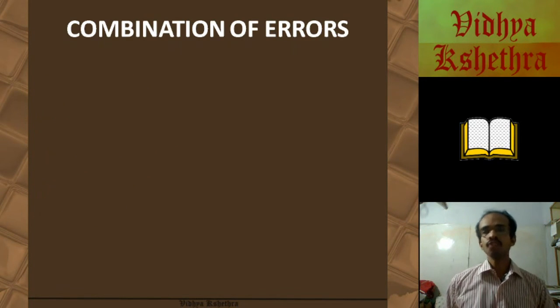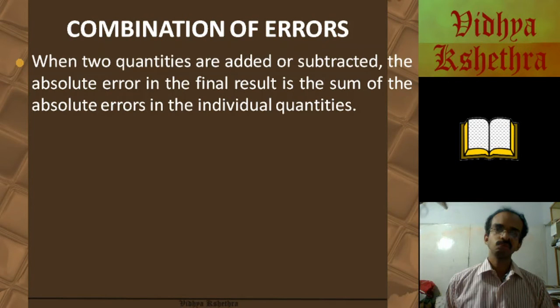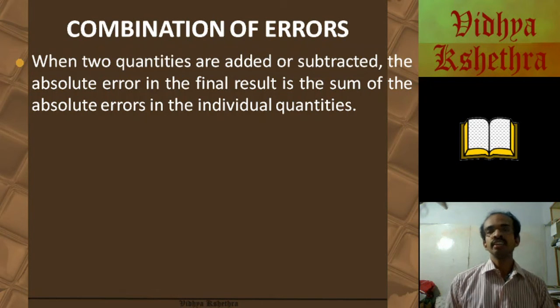Now, combination of errors. If we are taking many readings and using many instruments, each instrument will have its own errors, and all these errors add up, giving a resultant error. There are certain rules which are considered in such a situation. When two quantities are added or subtracted, the absolute error in the final result is the sum of the absolute errors in the individual quantities.